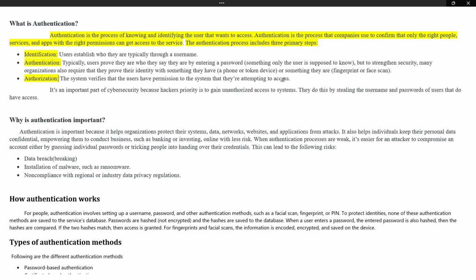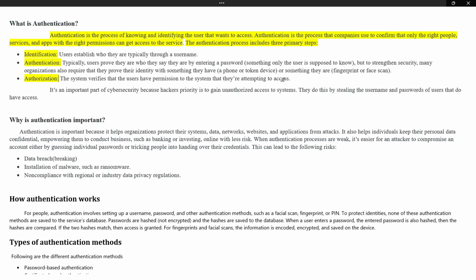So after identifying, we will authorize. We do the identification, then we do authentication, then we authorize where they have access to the system. For example, if they are an admin in the system, they will have complete access to the system. If they are a user, they will have access to particular modules.